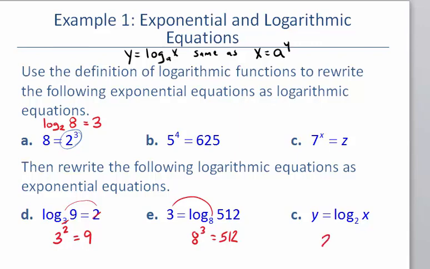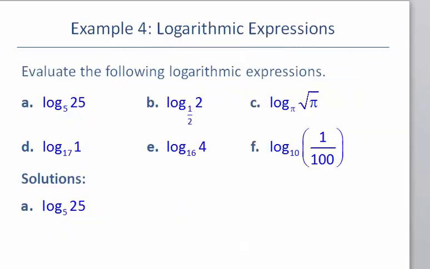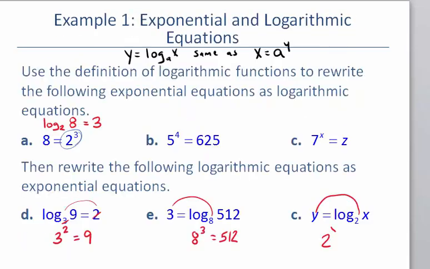Start with your base. Go to the other side and get your exponent. Set it equal to the part that's left. So 2 to the y is equal to x.